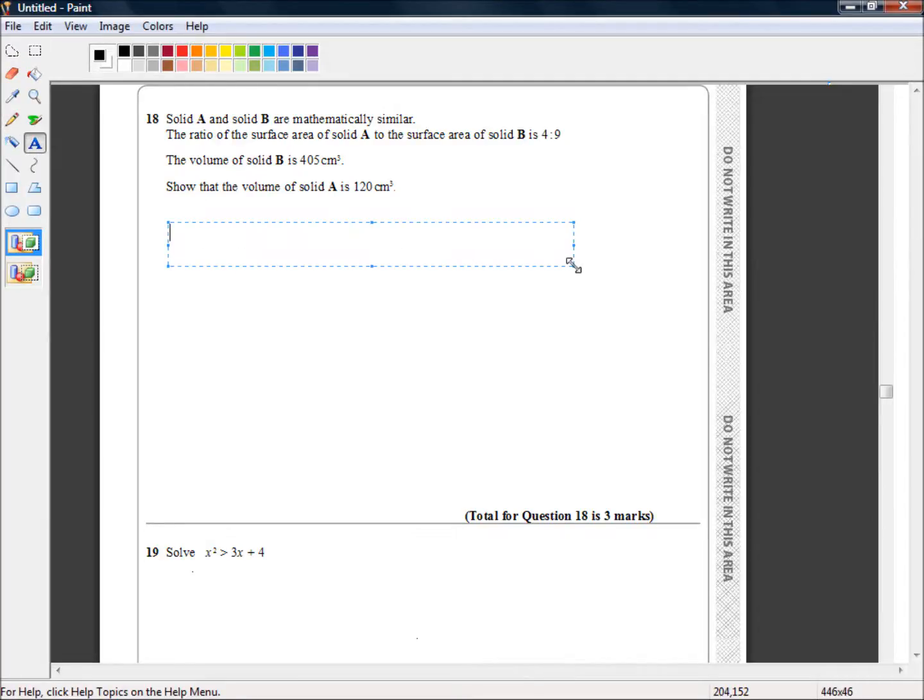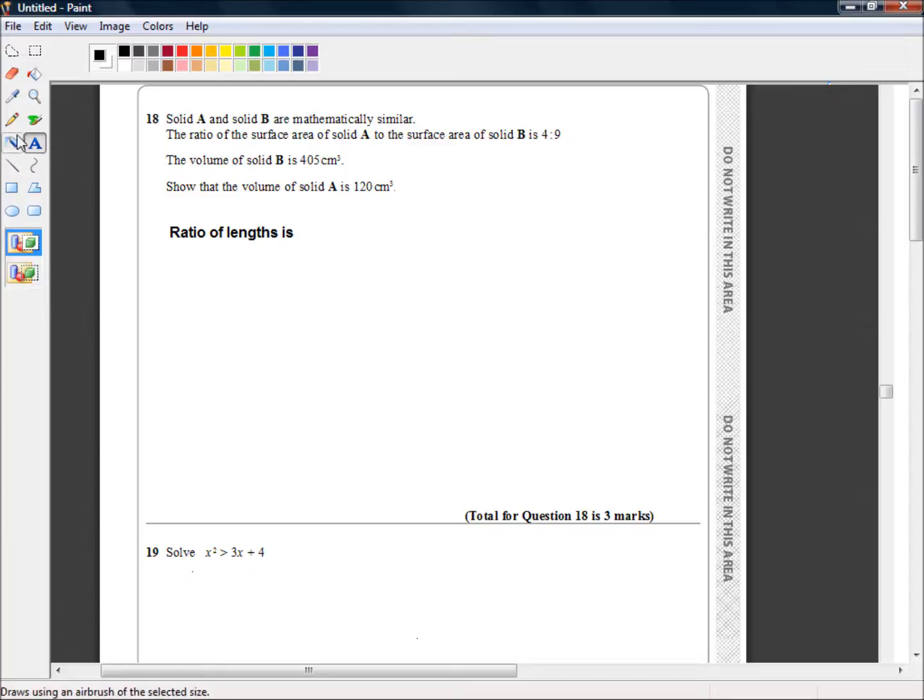So the ratio of the lengths is the square root of 4 to the square root of 9, which is equal to 2 to 3.